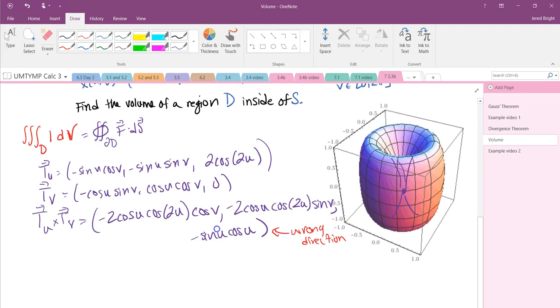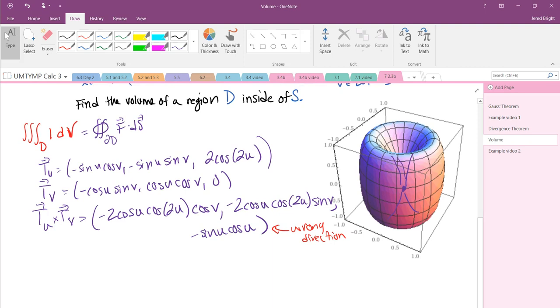Now the whole thing is that we need F dot dS, but remember we need the del operator, and if the divergence is 1, then we need to choose a convenient vector field. It can be any vector field as long as the divergence is 1.